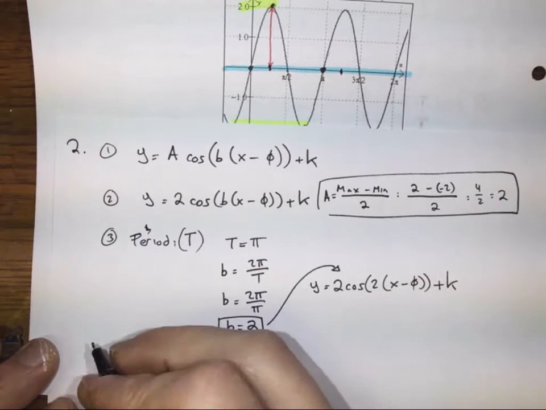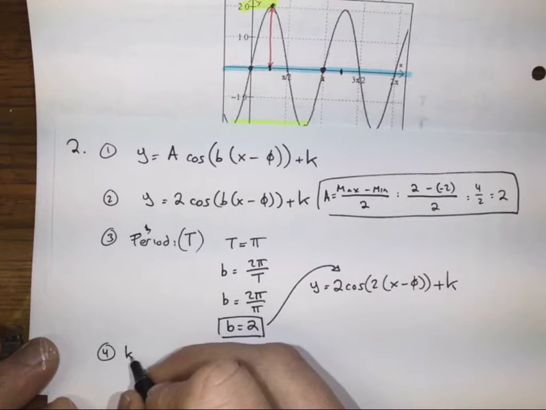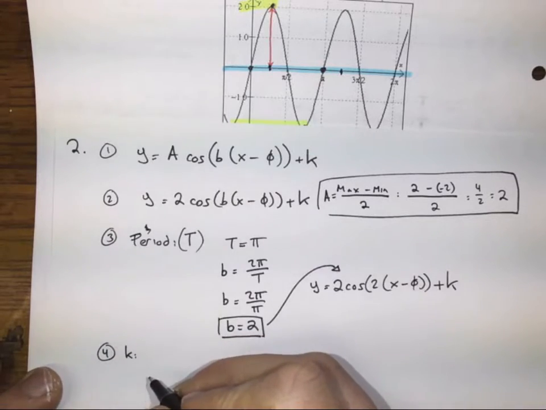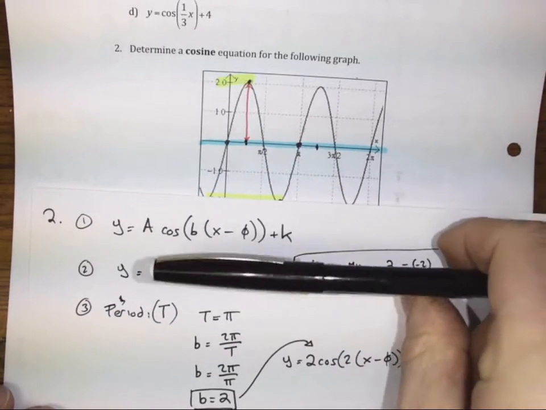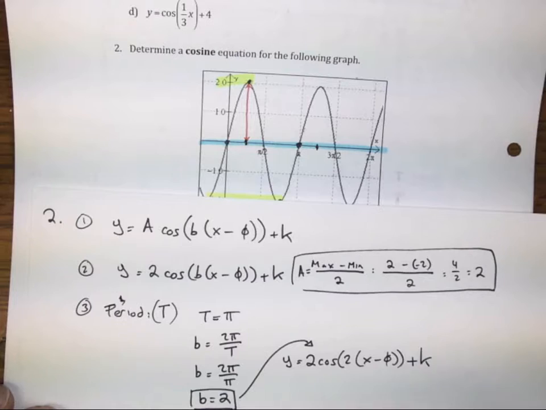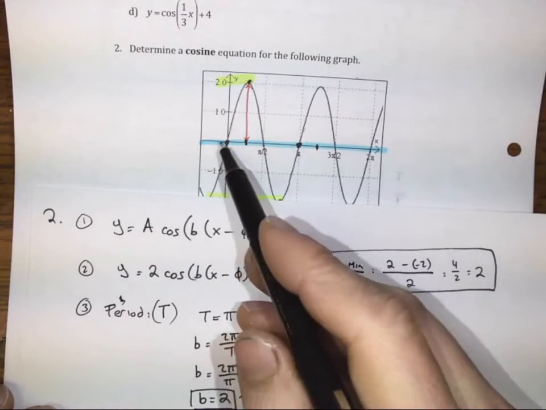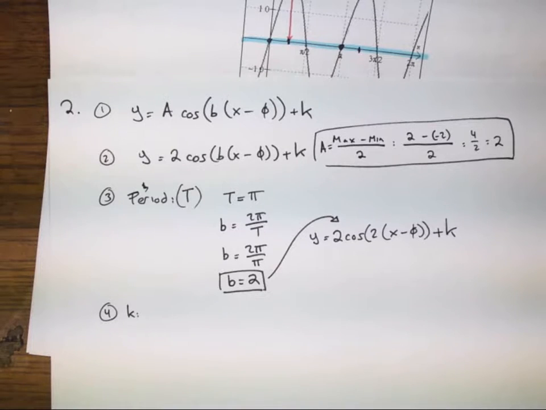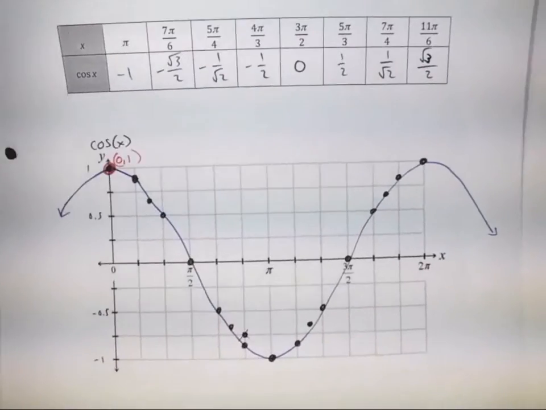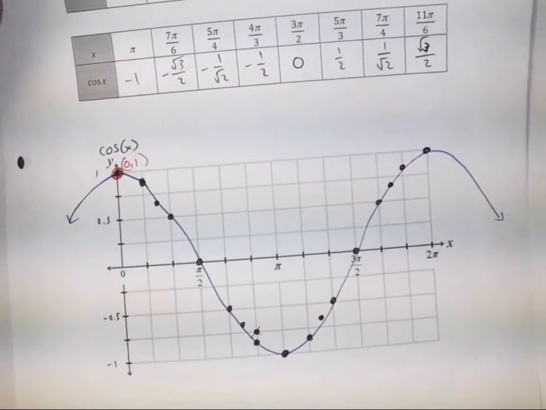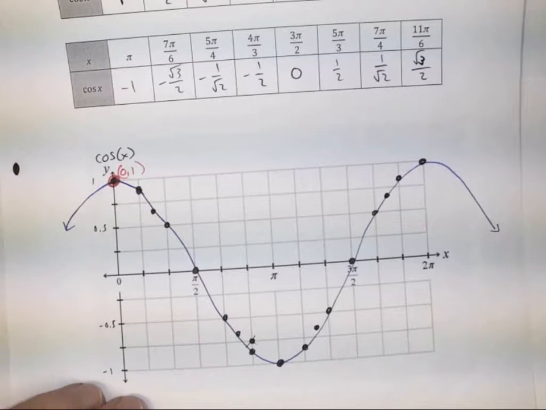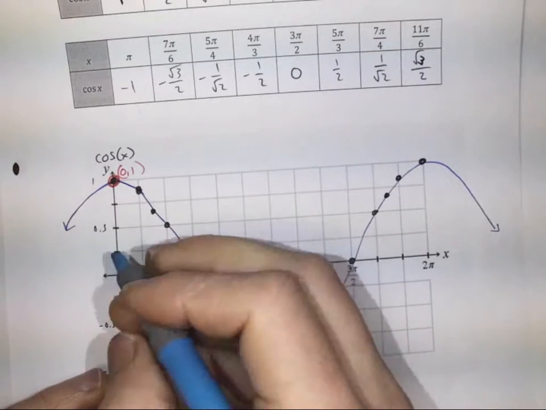So next I should probably start with my k value. I find that's usually pretty easy to find. My vertical shift. It looks like this function has not been shifted upward or downward from a normal cosine function. Its midline is on the x-axis, just like a regular cosine curve. And I can refer back to my original cosine curve that we did in our notes, and yeah, its midline is also along the x-axis.